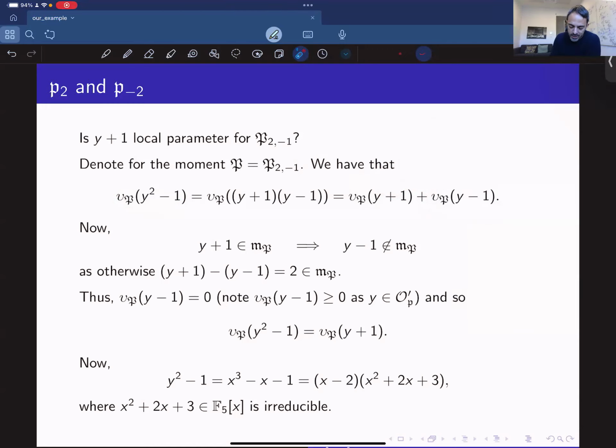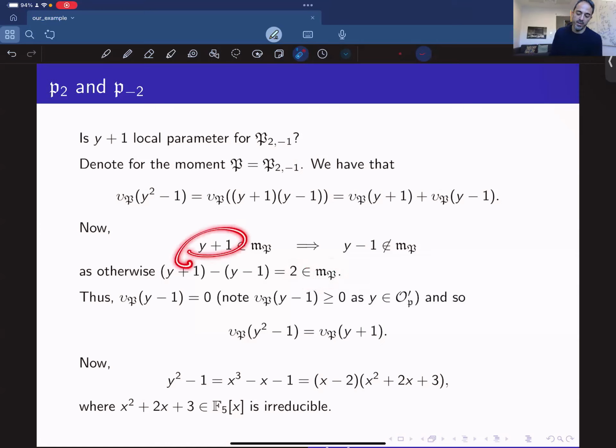Now, first of all, because y plus 1 is in the maximal ideal, that was the third item, we know that y minus 1 cannot possibly be in that maximal ideal. The reason is that if both of them were in the maximal ideal, then also the difference between them, which is just 2, would be, and you can't have a unit, a constant, in the maximal ideal, because it would make it the entire ring.